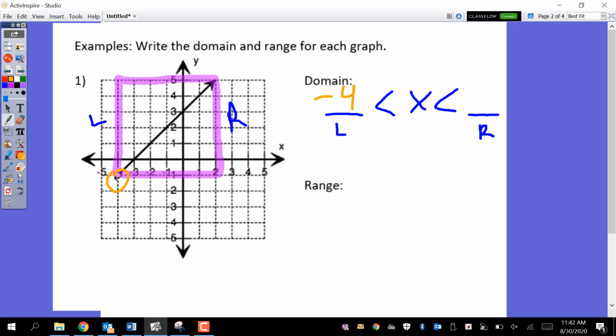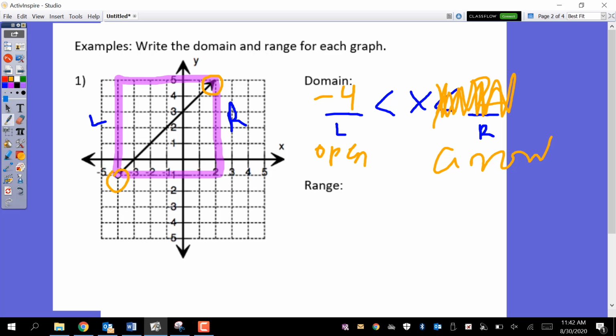Is this an open or closed circle? It's open, so I'm going to leave this symbol alone. On the right, I see that the number is at positive 2. But the thing that's actually touching it, is it a point at all? No, it's an arrow. So what am I supposed to do? We just learned that you cross this out. So goodbye.